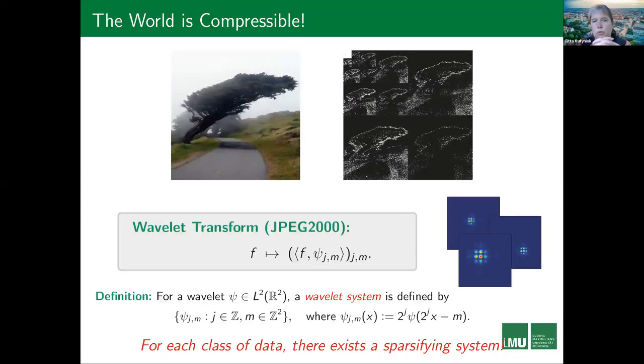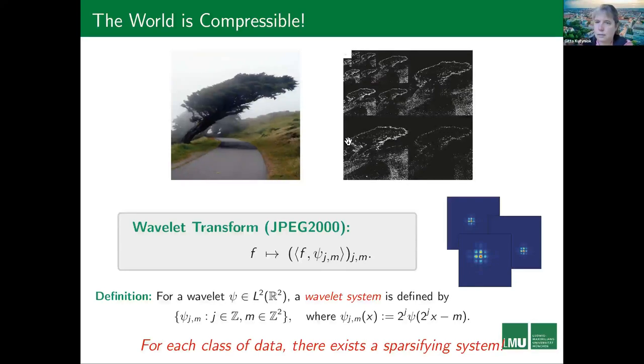We also already discussed at some point the wavelet transform, which is one way to achieve sparsity. Here was a wavelet system, and here you see some pictures of elements of a wavelet system. If you now compute this wavelet transform, you get an image like this.